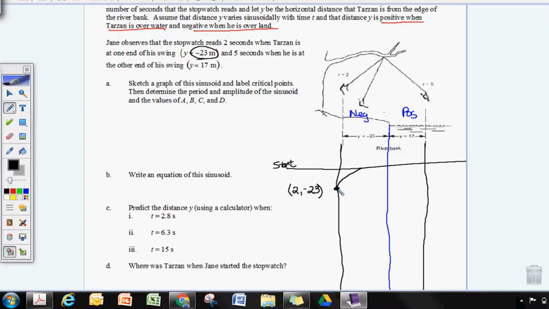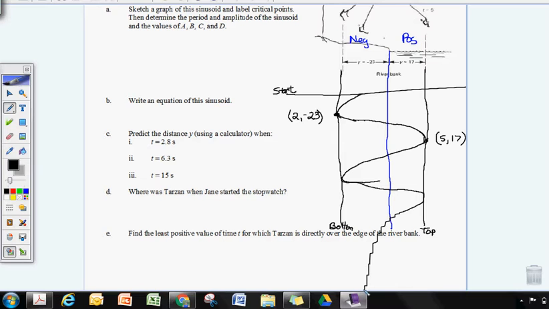He then swings back, and at 5 seconds, he's at the other end of his swing. And notice that it is positive. That's going to be right about here, and that's at 5 seconds. He's at positive 17. And then he would swing back and forth. Oops, it's supposed to be curved, but it's hard to do this on my machine. Okay, so you guys get the idea. We're going to leave that be kind of crazy for a second.